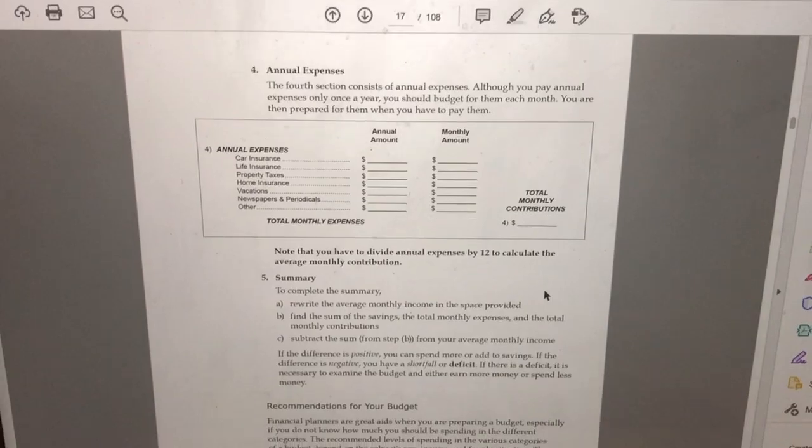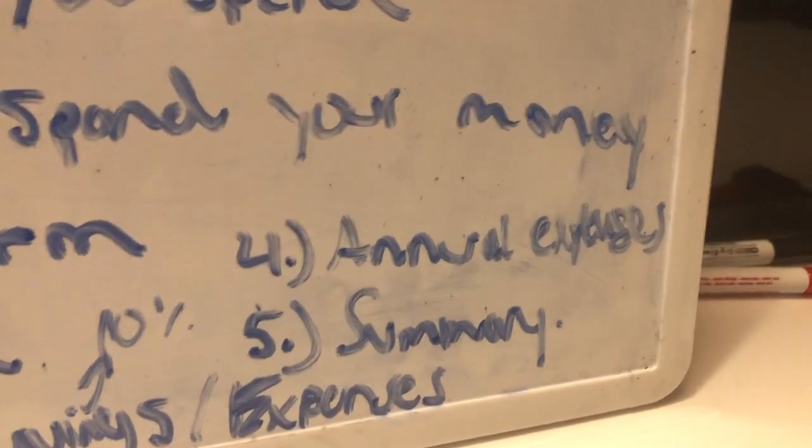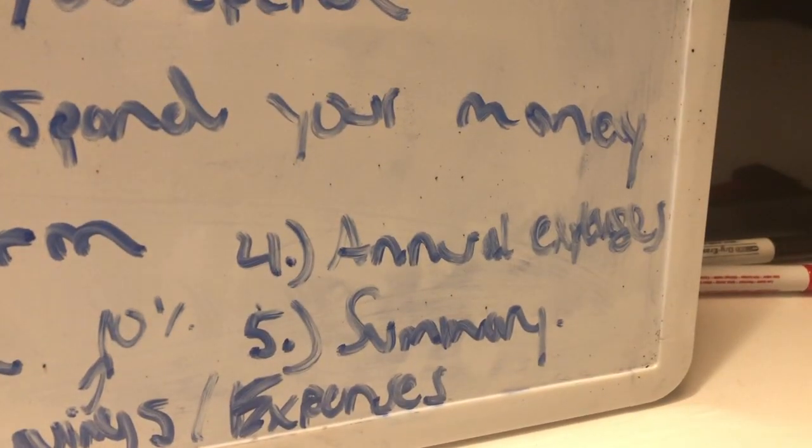And the last thing is your summary. Your summary is important here. You have to wrap it up. You have to know exactly what your revisions are. For example, rewrite the average monthly income, and also find the sum of the savings, the total monthly expenses and total monthly contributions, and subtract the sum from your average monthly income.